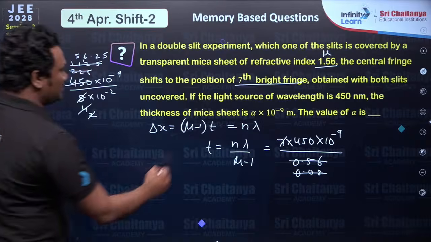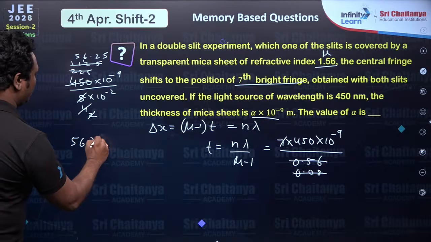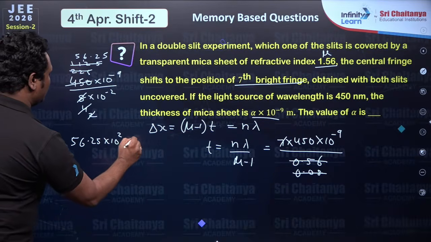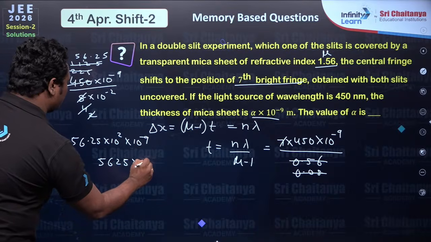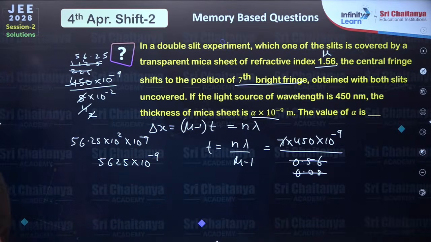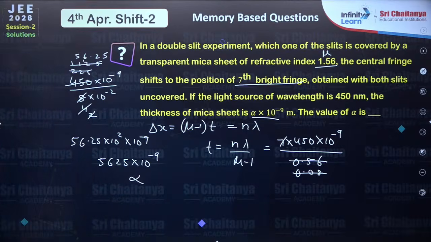So I should get the answer in terms of this: 56.25 into 10 square into 10 power minus 9. So the answer is 5625 into 10 power minus 9. So this is the required alpha in this question.